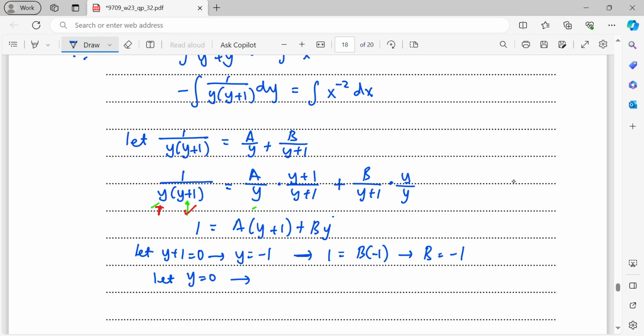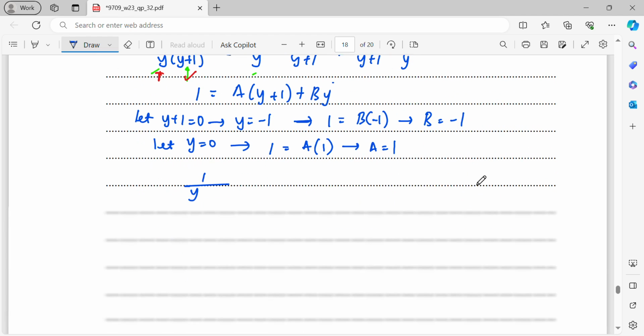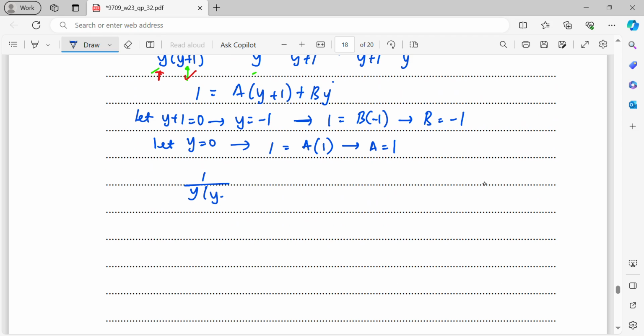So I will get 1 equals a bracket 1. Therefore, my a is 1. Okay, so now I rewrite my partial fractions. 1 over y bracket y plus 1 is a over y plus b over y plus 1. So b is minus, so the plus and minus becomes minus 1 over y plus 1.